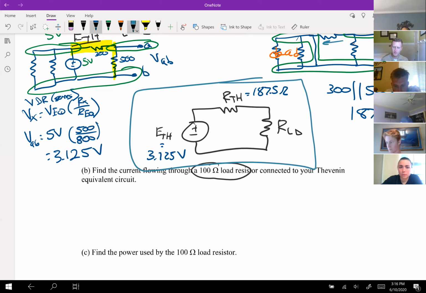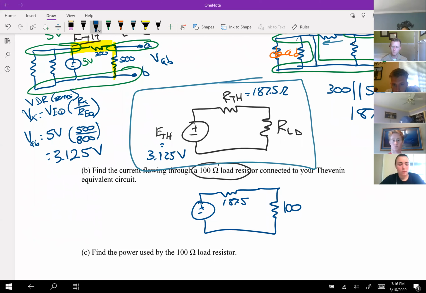So all that this is saying is that inside this circuit, this is 187.5. This is 100, 3.125. So we wanted the current flowing through it. Well, this is a series circuit, so all the current's the same. So I'll call it I total, V total over R total.